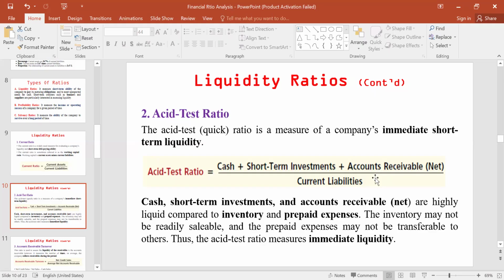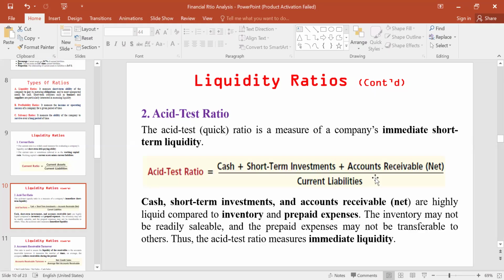More immediately converted to cash. Such types of items are considered to find out the liquidity ratio. The standard or benchmark of the liquidity ratio is 1:1. That means you have 1 taka of asset to pay the obligation of 1 taka of liabilities.